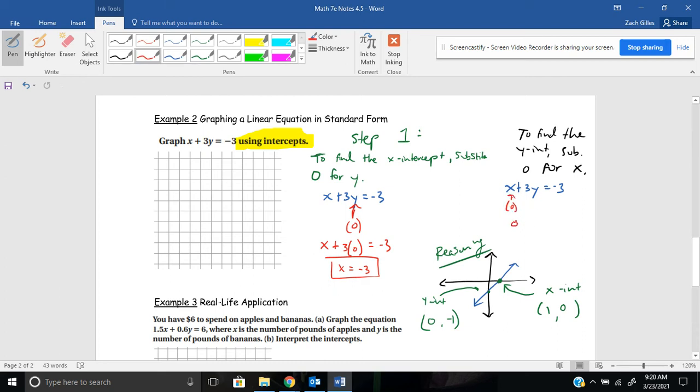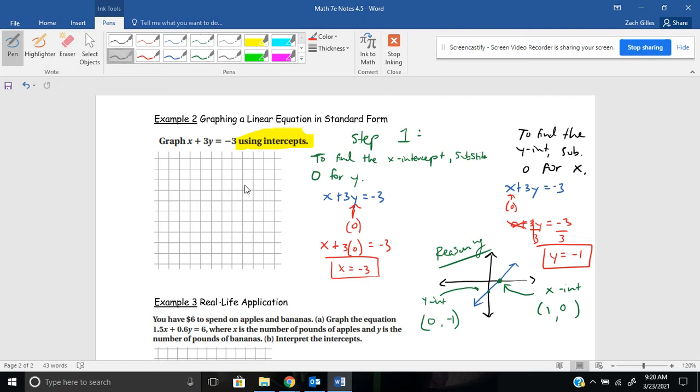That would give me 0 plus 3y equals -3. Well, 0 plus anything is just that anything, so I don't really have to worry about it. I'm left with 3y equals -3. Divide by 3 on both sides, and y will equal -1. So here's my x-intercept, here's my y-intercept.